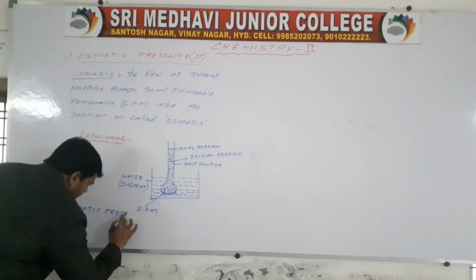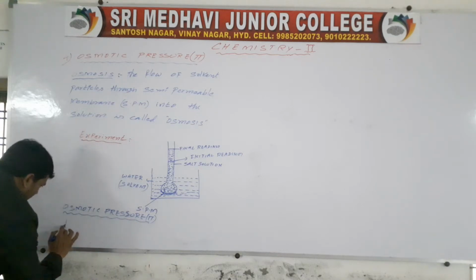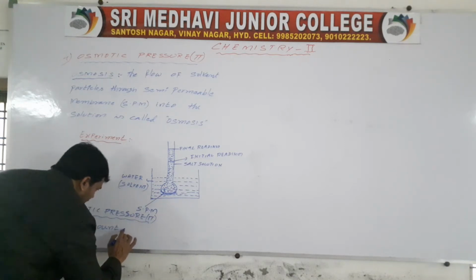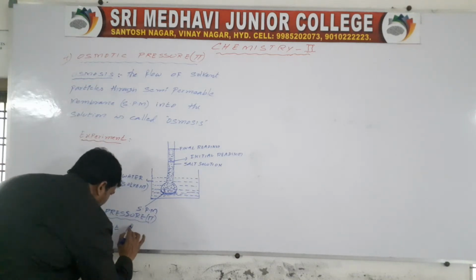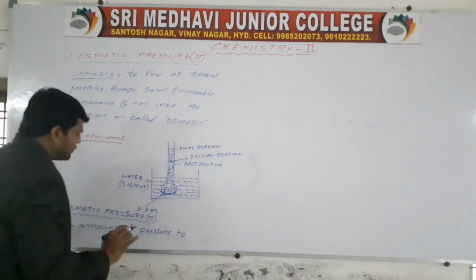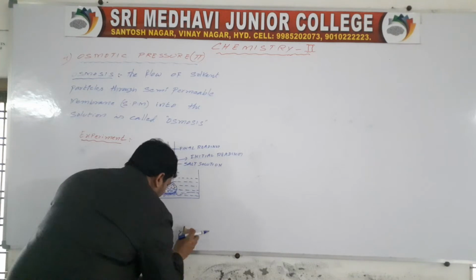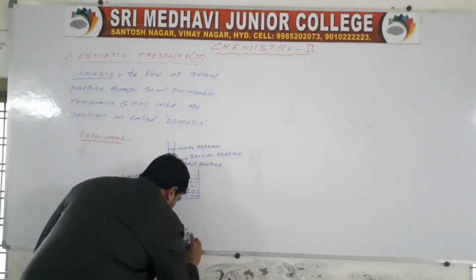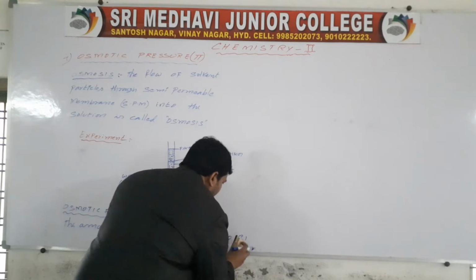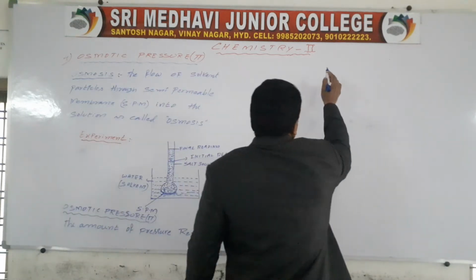Osmotic pressure, pi, is the amount of pressure required to stop or prevent osmosis.